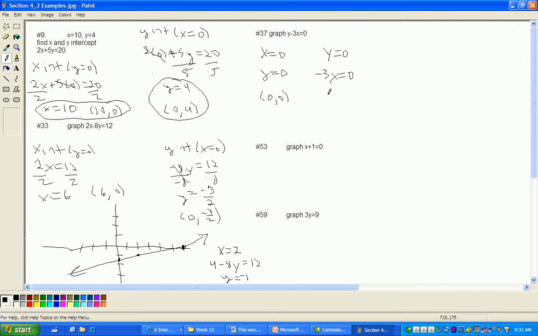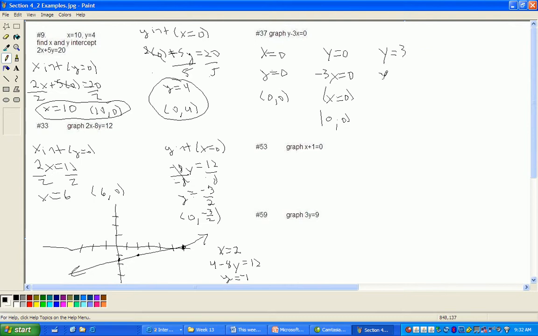We can't plot with these 2 points because they're the same point, so we got to choose one other point. I'm going to go ahead and choose y is equal to 3, just because I'm a little experienced and I can see how it's going to help us. So we set y equal to 3, we get 3 minus 3x is equal to 0.